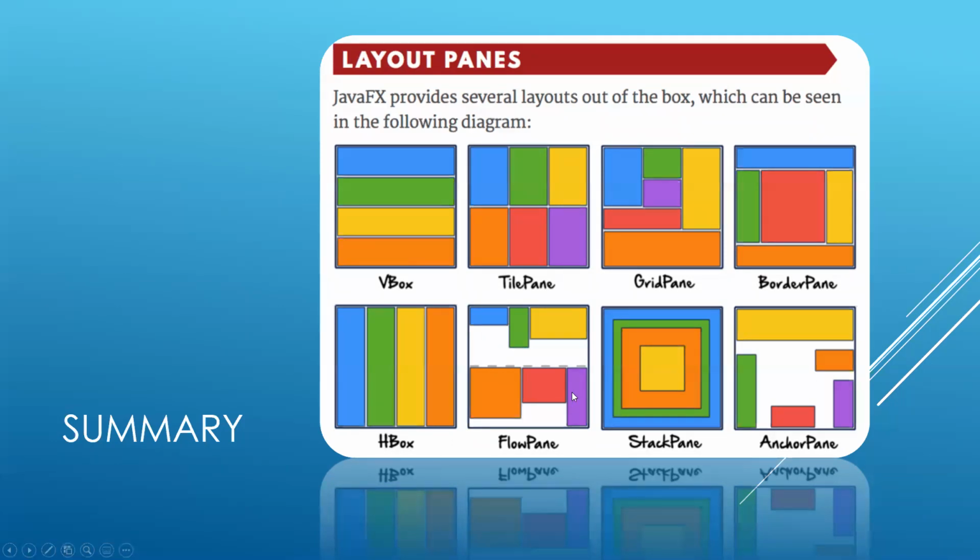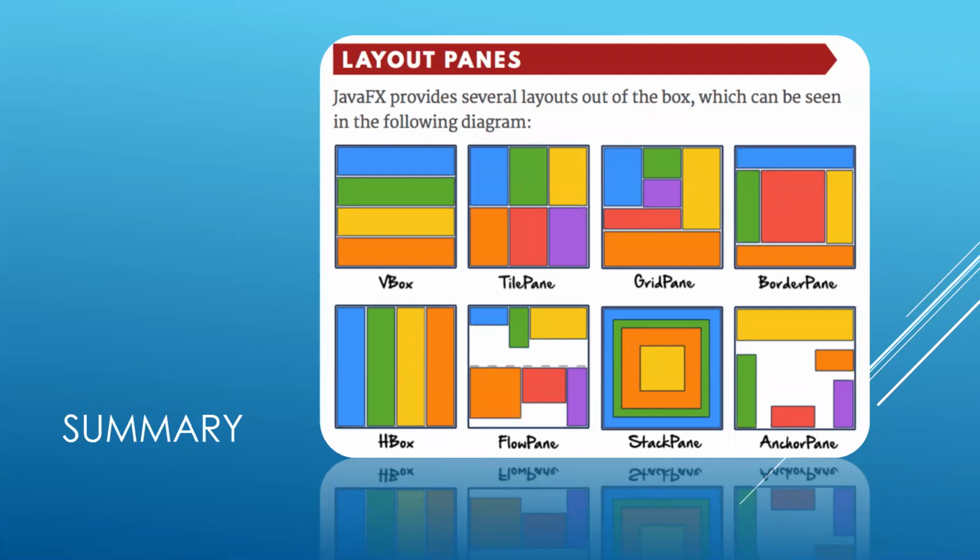A flow pane is a pane that allows the other components to flow upon it. So as I add nodes to my flow pane, it's going to push the previous nodes across the flow pane. The StackPane just stacks nodes on top of each other.